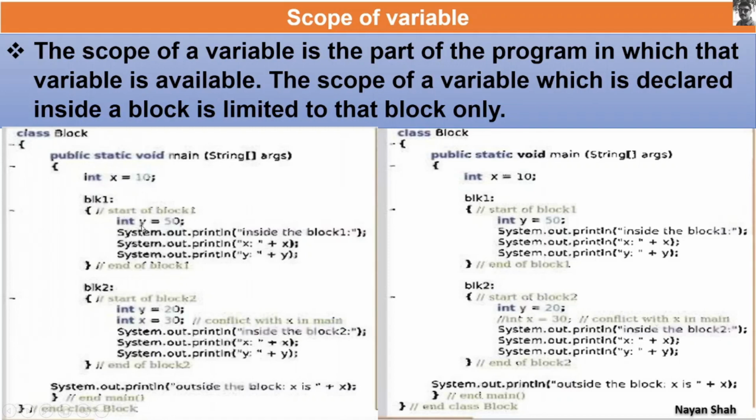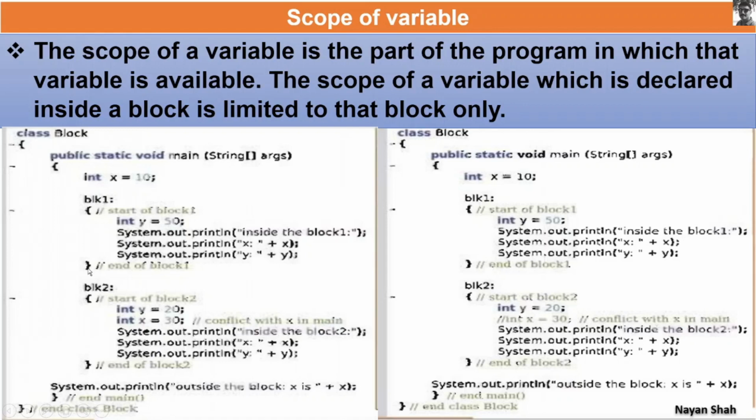But y in BLK1 and y in BLK2 are totally different things, because y is not declared outside the block. Variable y is declared inside BLK1, so its scope, its life, its accessibility, its visibility is only within this block.